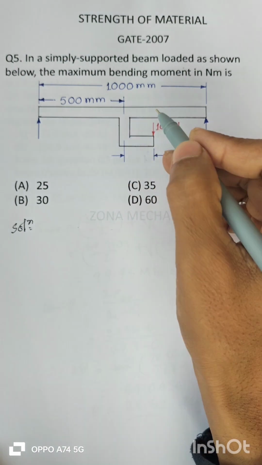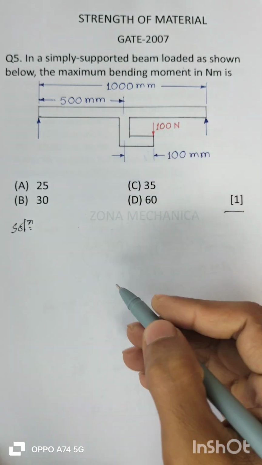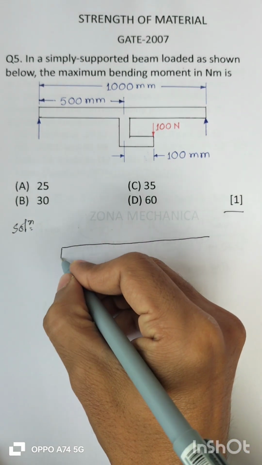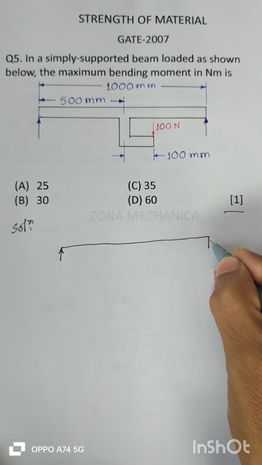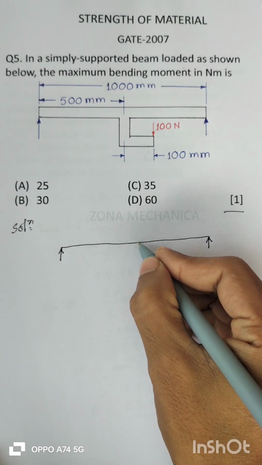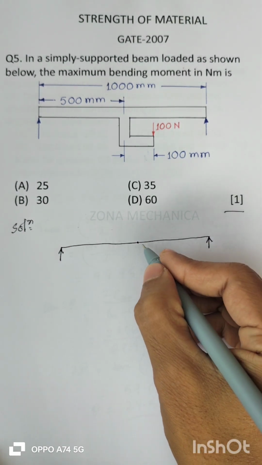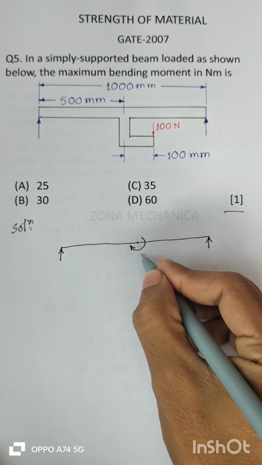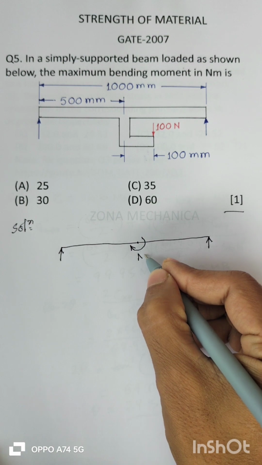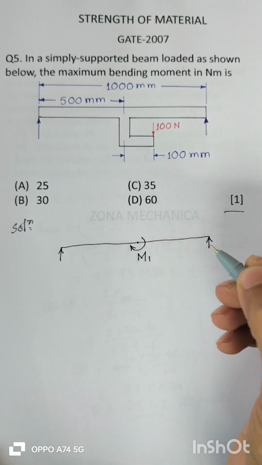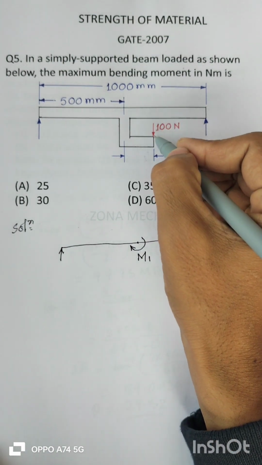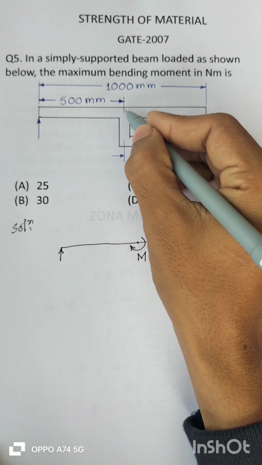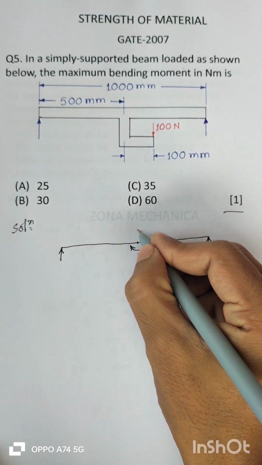So we can assume this configuration as a simply supported beam, and at the midspan a clockwise moment is acting. Suppose this is M1, and this load will be transferred through this arm to the midspan.